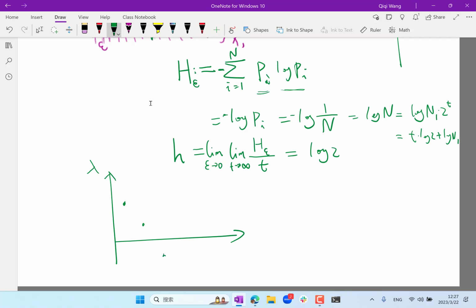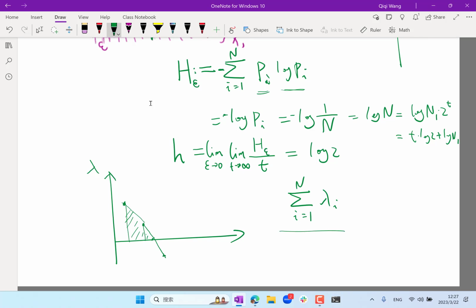So essentially you are integrating or adding up the Lyapunov exponents until you reach 0, and that's going to give you the total dynamic entropy.